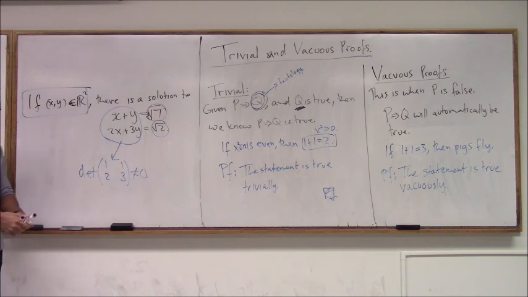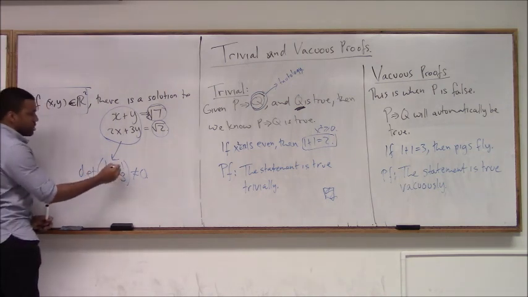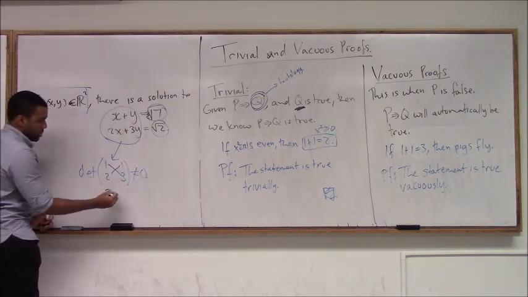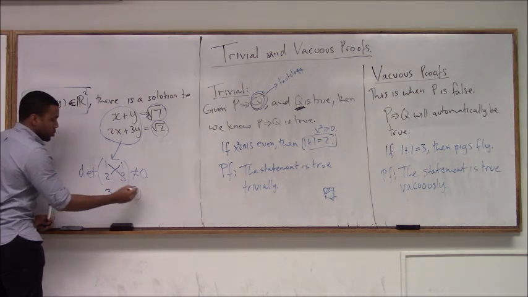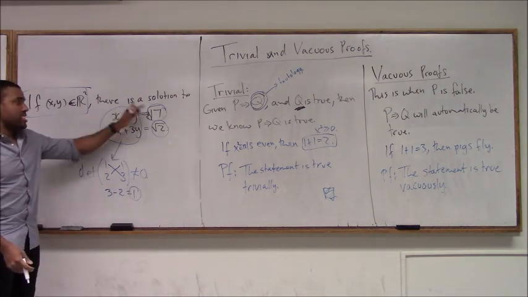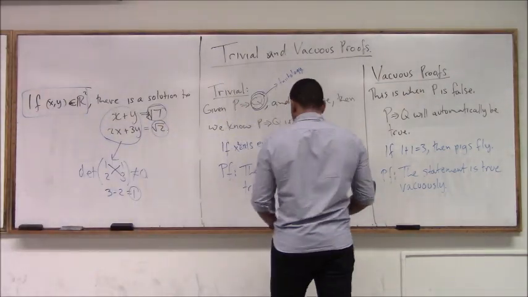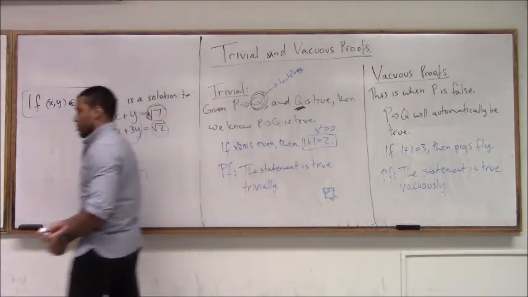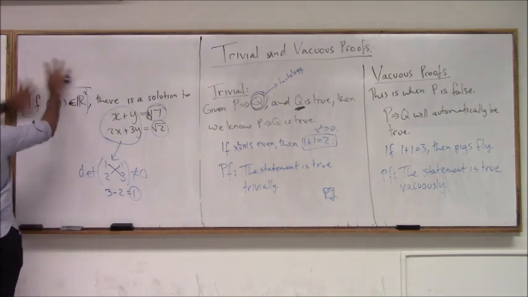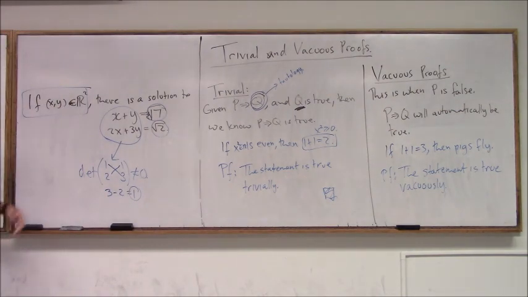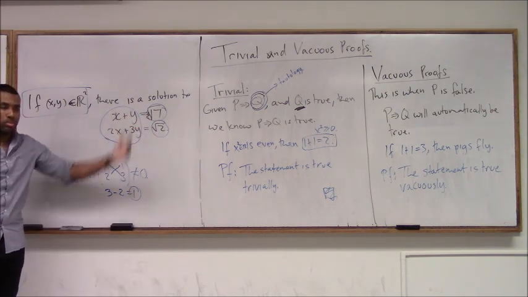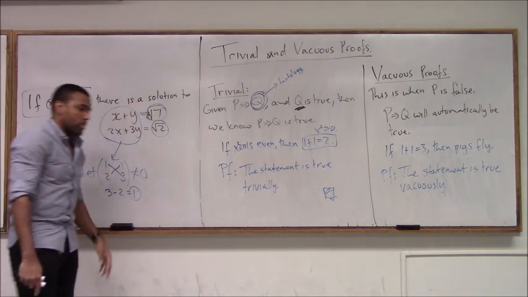For a 2 by 2, it's just this number times this number minus that number times that. So this would be 3 minus 2, so the determinant is 1, it's not 0, and that tells you something about a system of equations with those coefficients. So I literally could have said any gibberish right here, and you would say this is true trivially, because that's always true, so the whole statement is true.